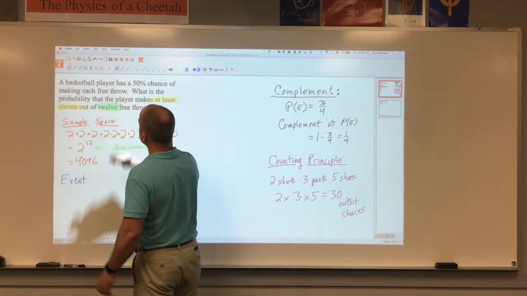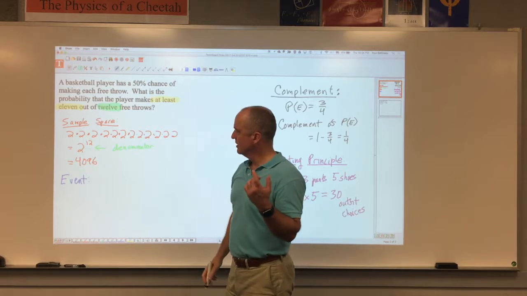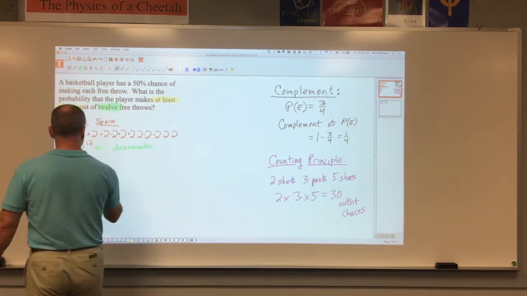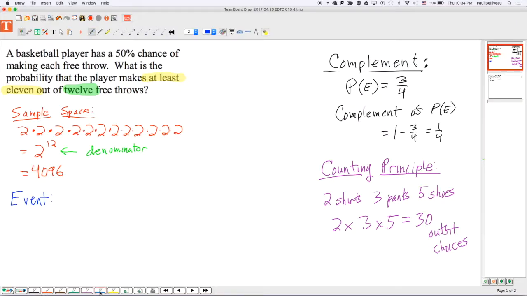There's only one way to make 12 free throws, and that is if you're deciding between success and failure. We all wish we could actually decide this thing, but you could succeed on the first free throw, succeed on the second, succeed on the third, succeed nine more times.